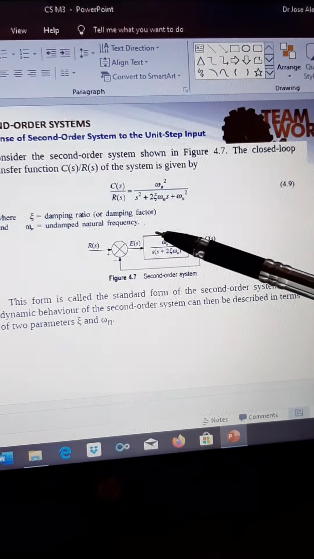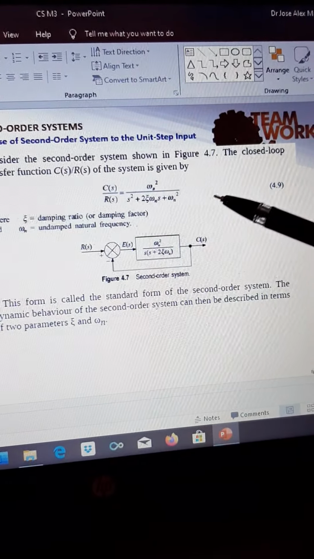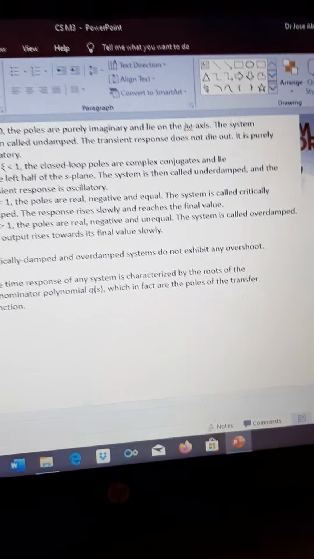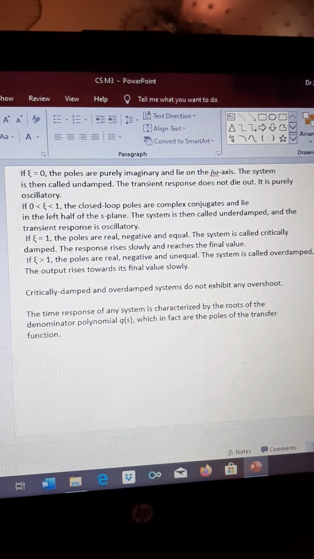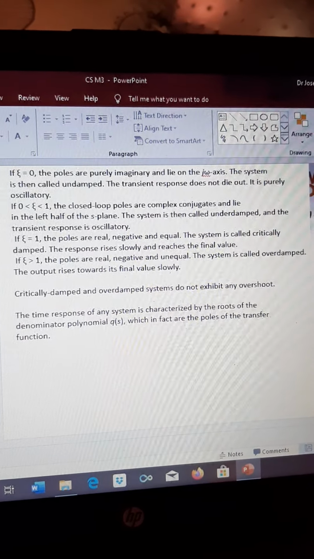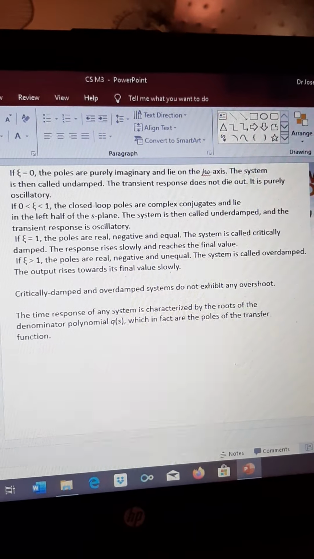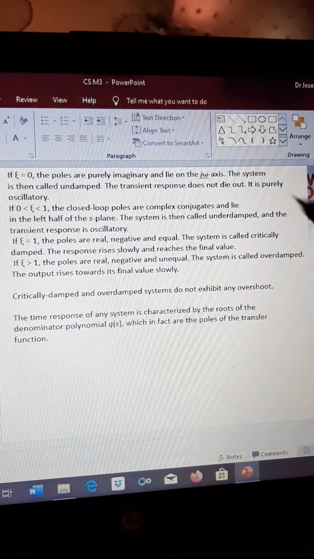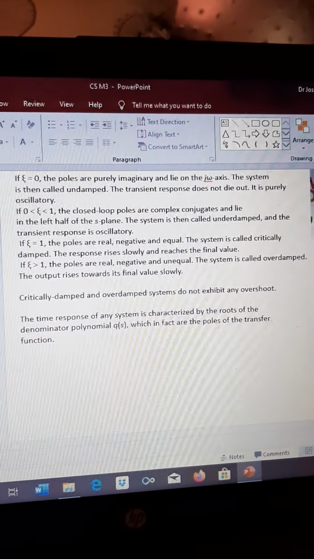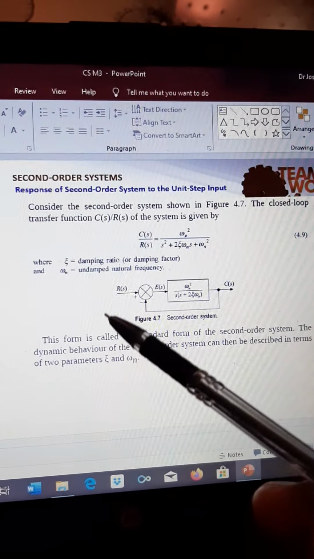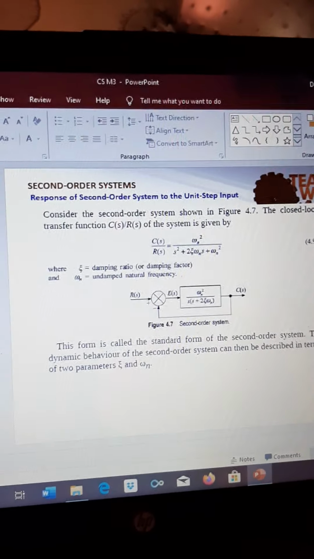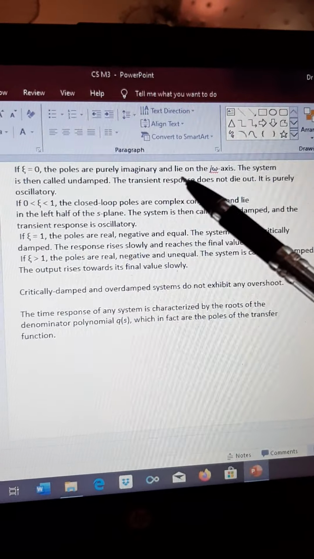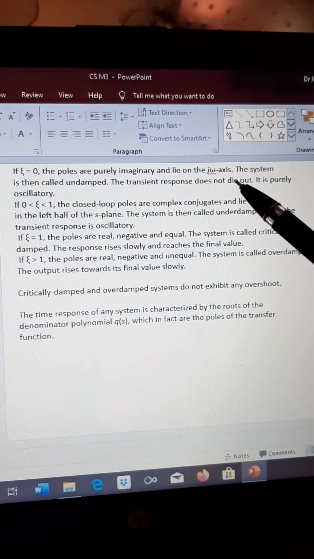The dynamic behavior of the second order system can be described in terms of two parameters, xi and omega n. Now, xi is the damping ratio. If xi is equal to 0, the poles are purely imaginary and lie on the j omega axis.